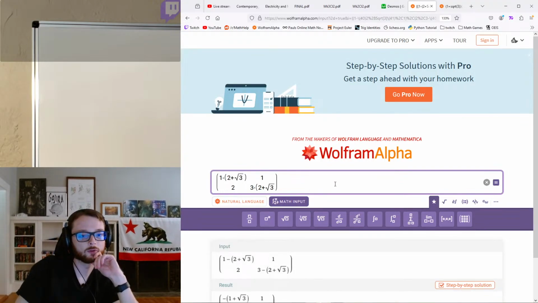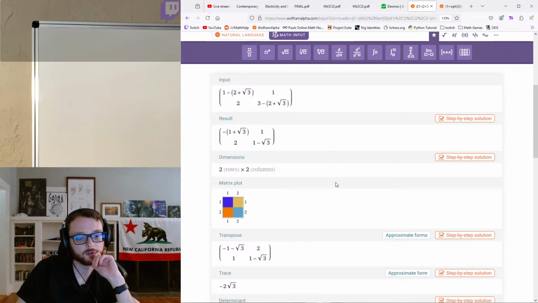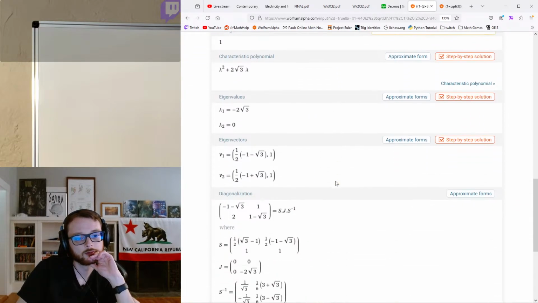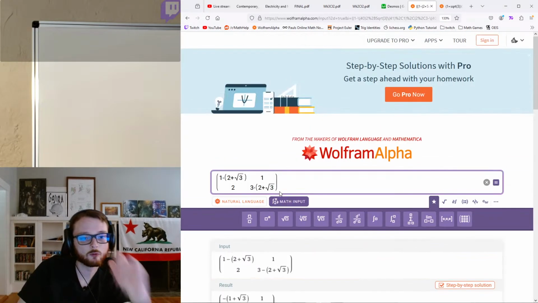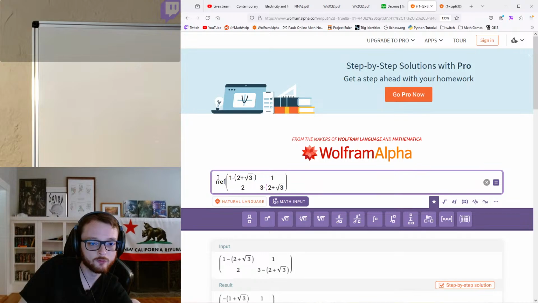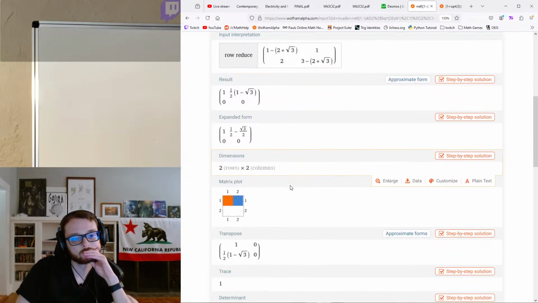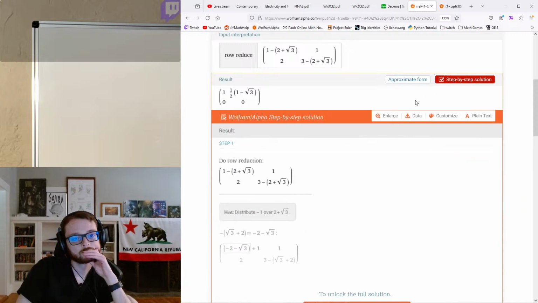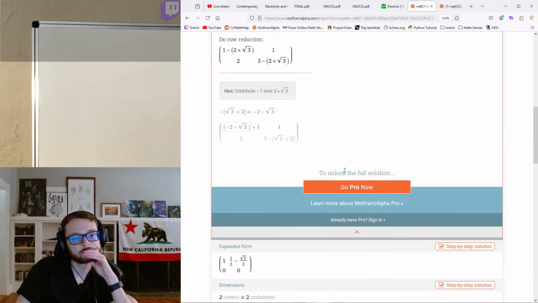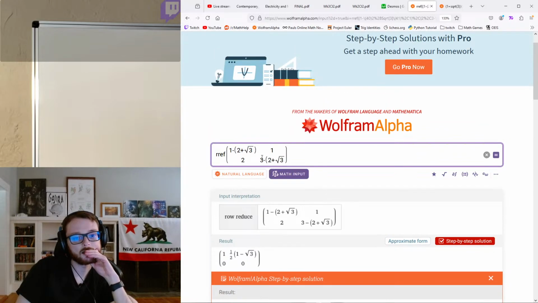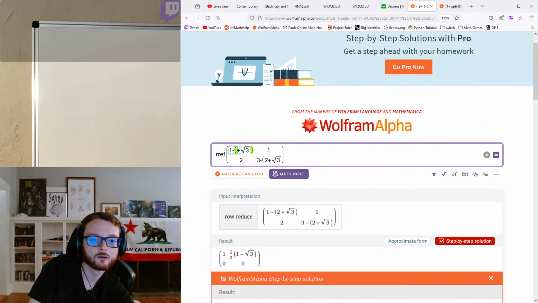I don't know why I'm doing this. I should know what I'm going to get, but... Oh, Wolfram doesn't even do it unless I tell it to. That's not what I want.